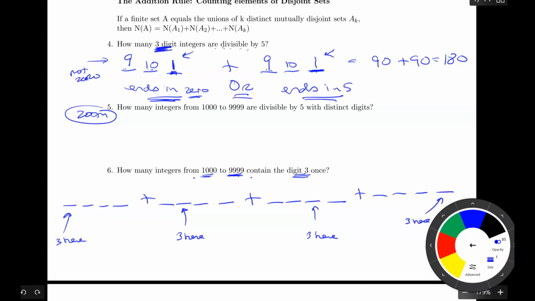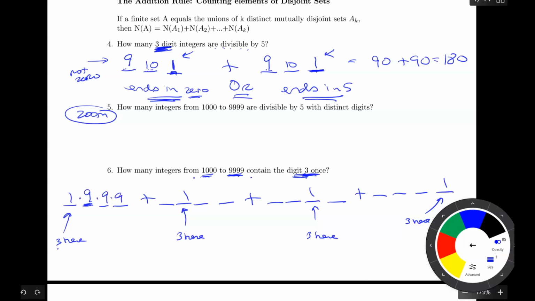So by me putting the 3 here, there's one choice for that, correct? Okay, so I want to make all the rest of the integers not have a 3, because in each of these cases I've already put the 3 down. So this is a 4-digit integer, so for the number of choices for here, I have 10 total, but not with the 3, so that makes 9 for the others.